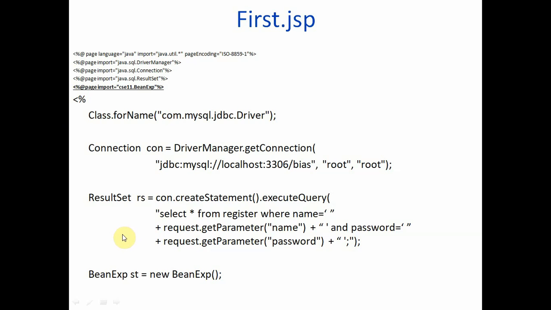And now we will write ResultSet rs equals connection.createStatement. Initially it was blank, and then we have written this statement, and we write the executeQuery function, and then select * from register where name equals the name, which will match with request.getParameter.